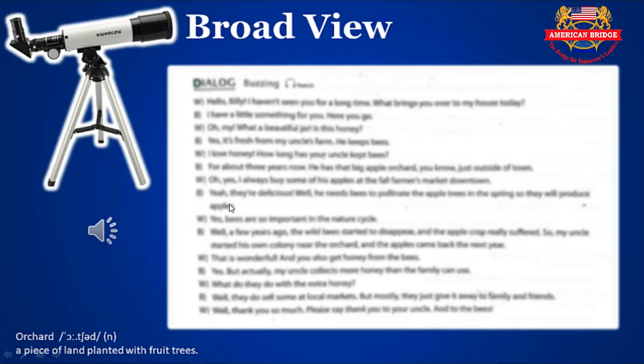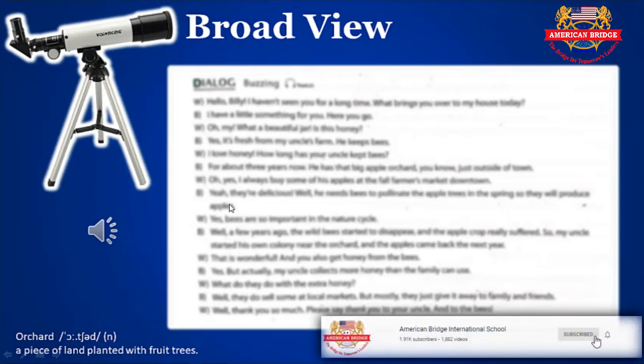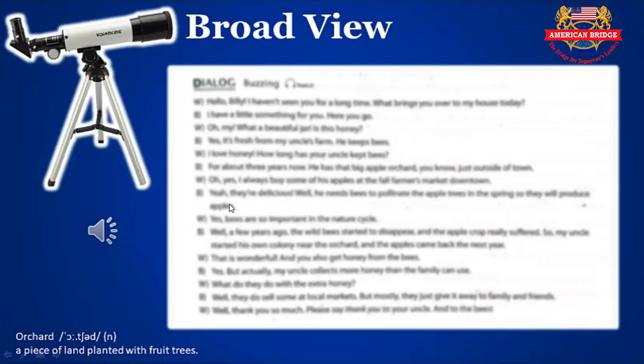And the girl asked how long his uncle has kept the bees, and the boy also came up with the reason why his uncle keeps colonies in the apple orchard: he wants to send a message that bees are quite important in apple reproduction, and he also mentioned that without bees' help, the apples suffer.